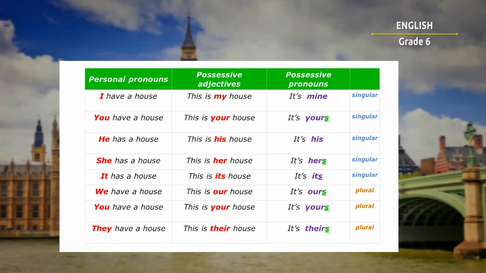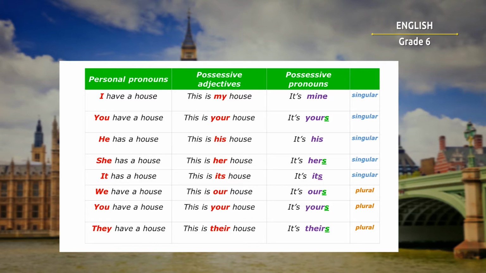Here we can see how personal pronouns, possessive adjectives, and possessive pronouns are changed. The personal pronoun I in possessive adjective becomes my, you, your, he, his, she, her, we, our, you, your, they, their.